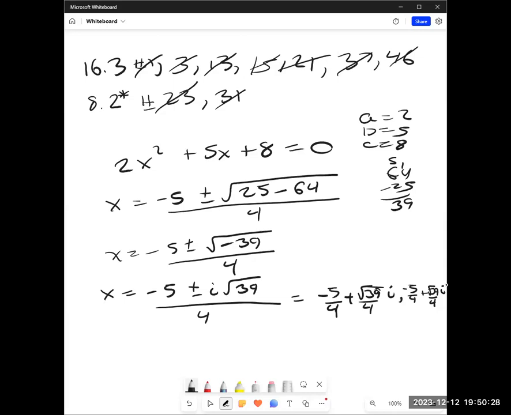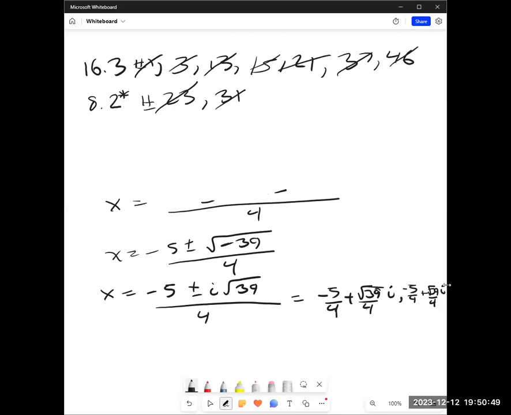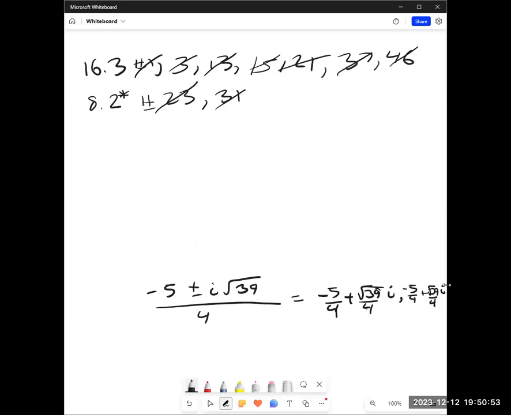That's not standard form for complex numbers. So I should have negative 5 over 4 plus root 39 over 4 times i, comma, negative 5 over 4 minus root 39 over 4 times i. Right?